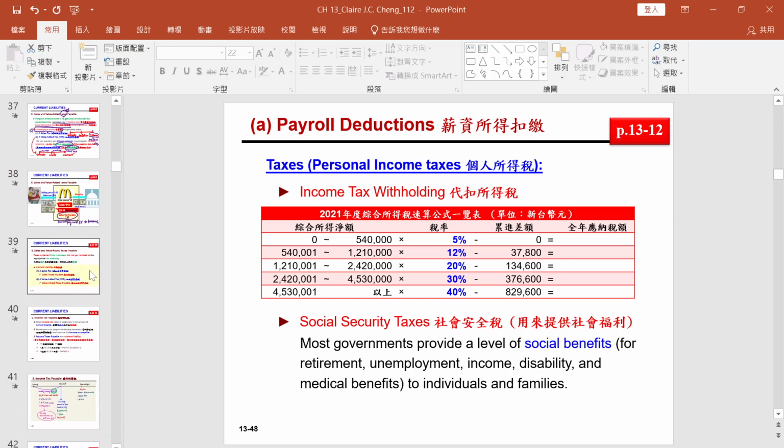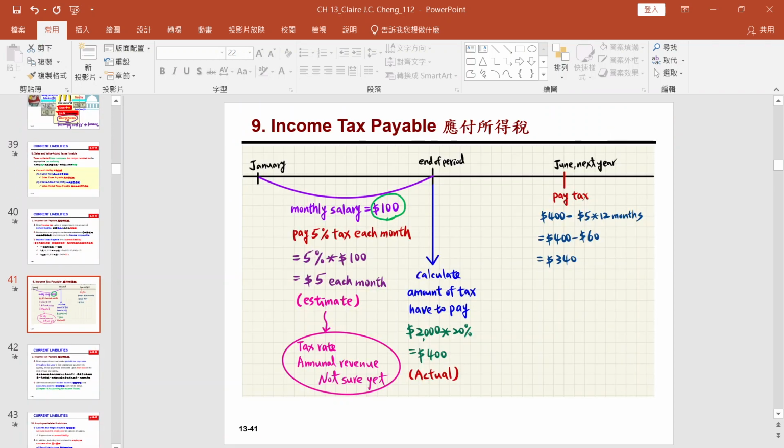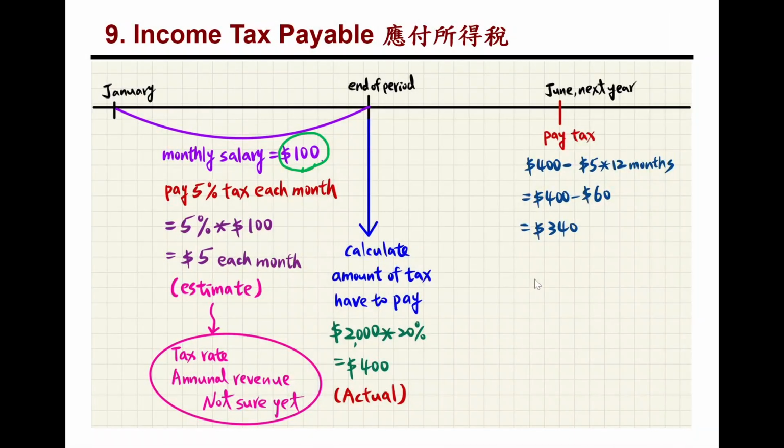But still, government want the money as early as possible. So they ask you to pay at least 5%, the lowest one. Okay. So I was required to pay the lowest one, 5%.